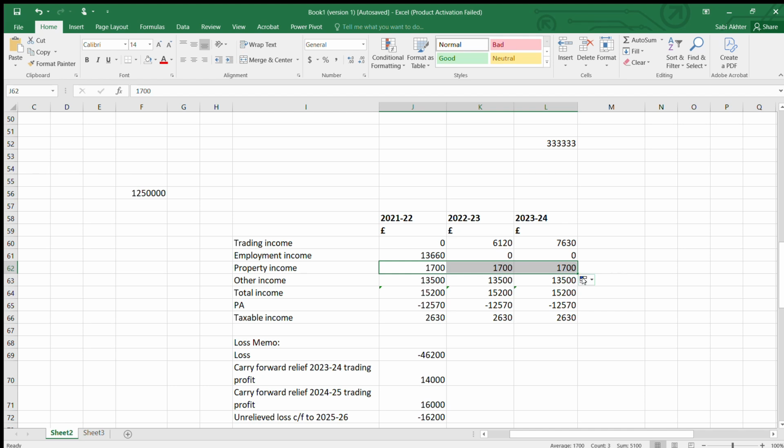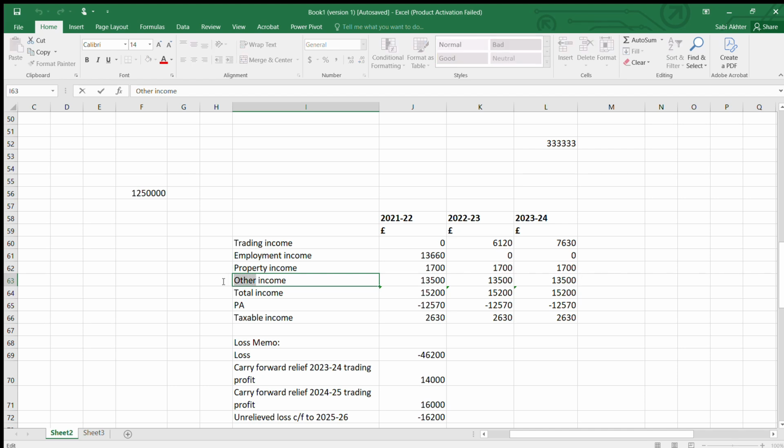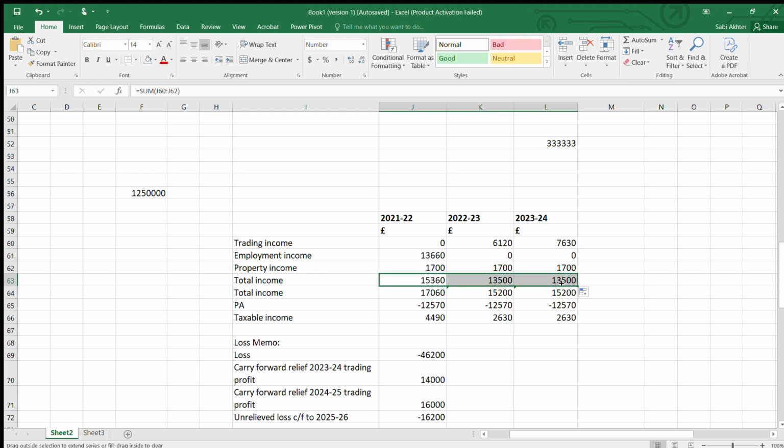Then total income. Total income is the sum of all these 3 incomes. Done. Now I'm going to deduct against total income.